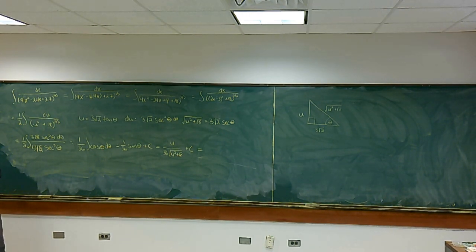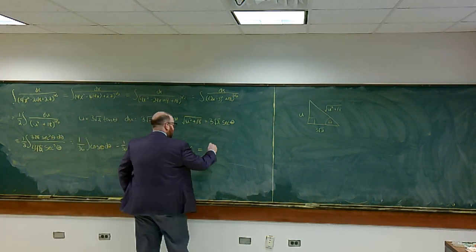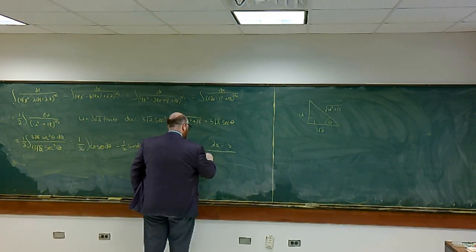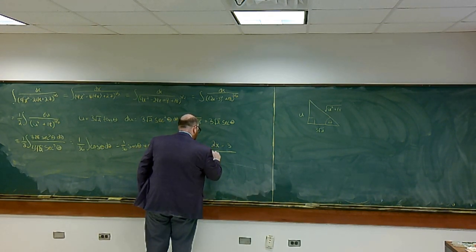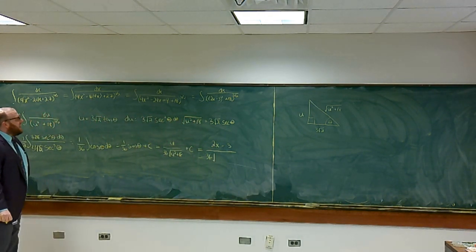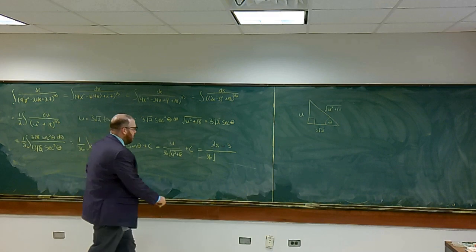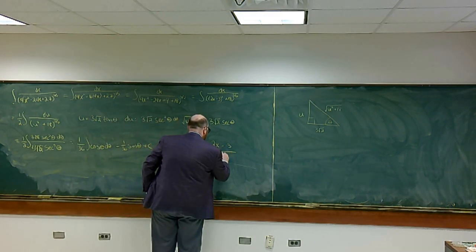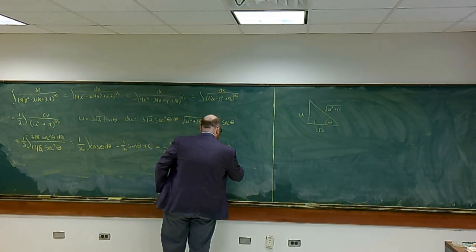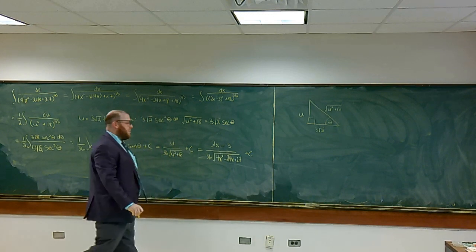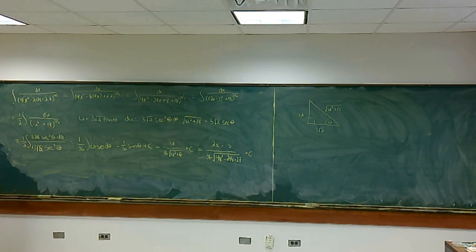U is what? 2x minus 3? And square root of u squared plus 18 is going to wind up being the square root of 4x squared minus 24x plus 27. There's the antiderivative.